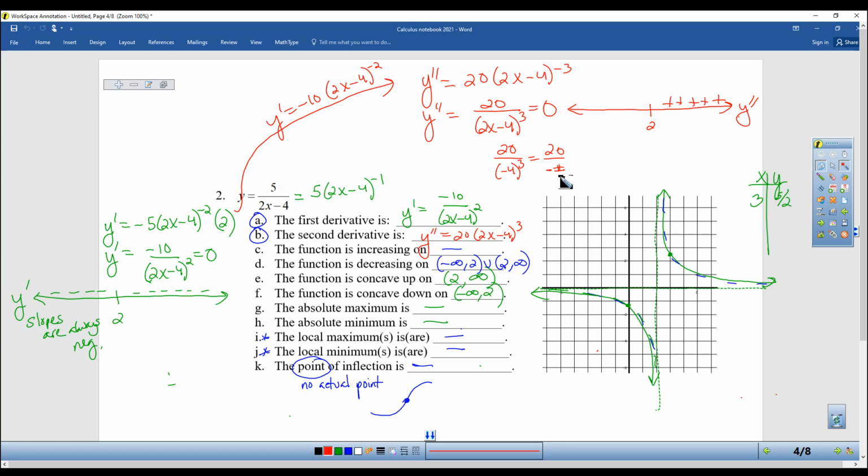So a positive divided by a negative is a negative. And remember, what does second derivative tell us? Second derivative tells us where something is concave down, and where something is concave up, right there. And at 2, I don't actually have a point of inflection, but that's where it changed concavity, so it is a critical point.